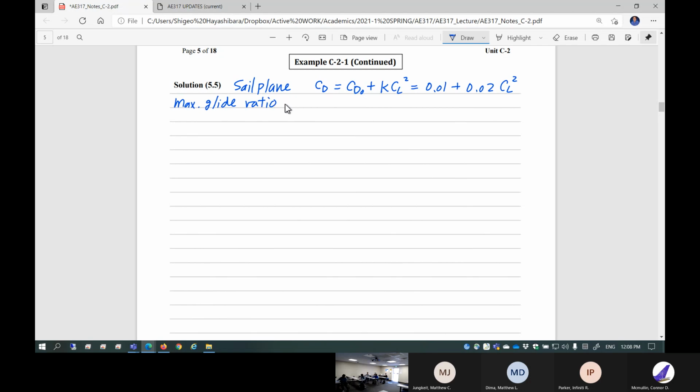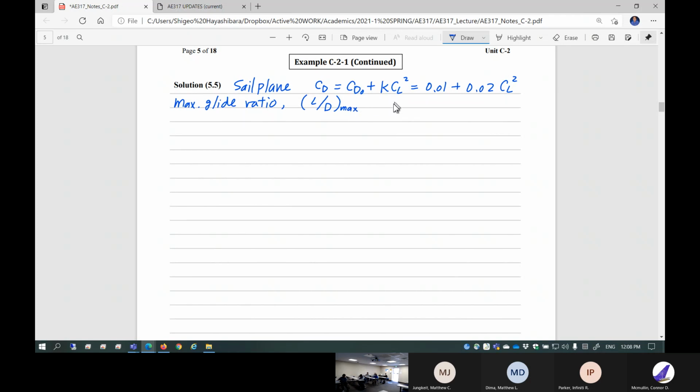Maximum glide ratio. What's the condition? Anybody please remember this? What makes the sailplane maximum glide ratio? What's the condition for that? L over D max, that's right. Lift to drag ratio maximum.